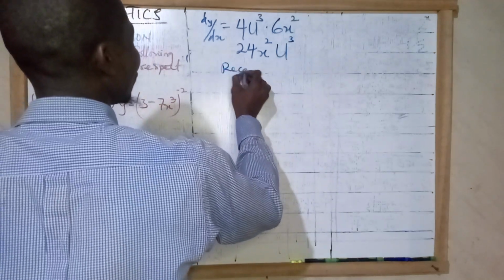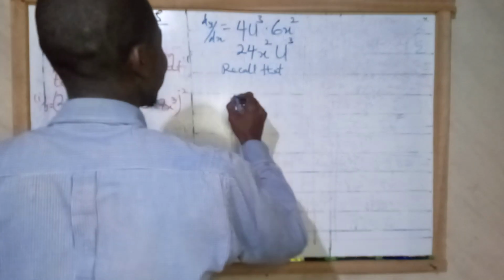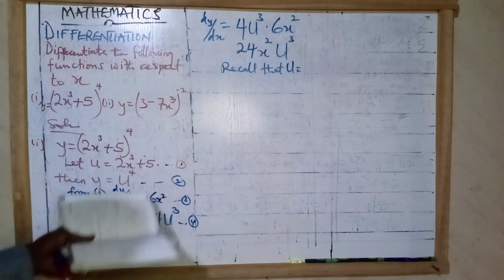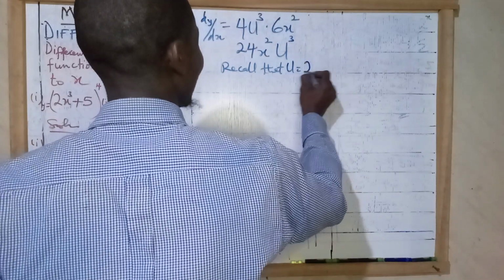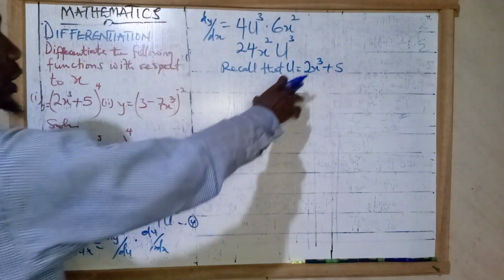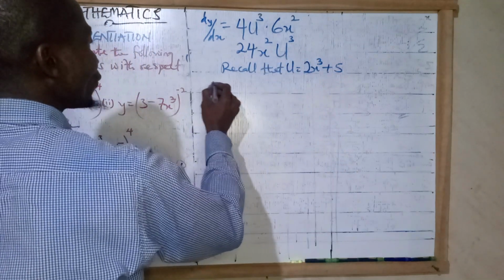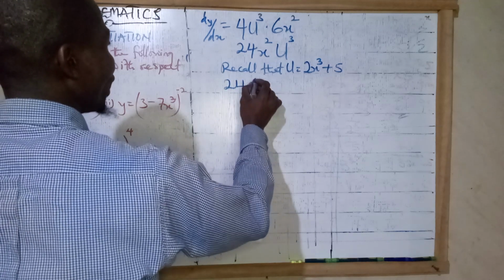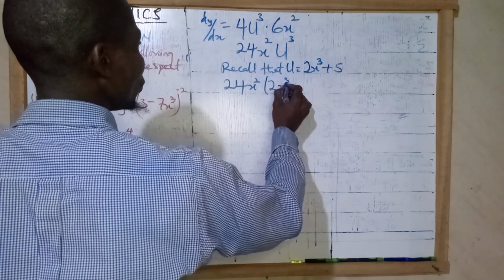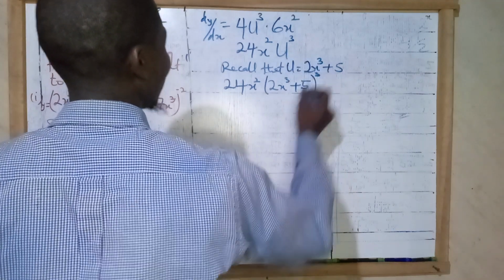And you now recall that we let u represent 2x^3 + 5 in equation 1. Now we substitute the value of u, 2x^3 + 5, to have 24x^2 into bracket 2x^3 + 5, then raised to power 3.